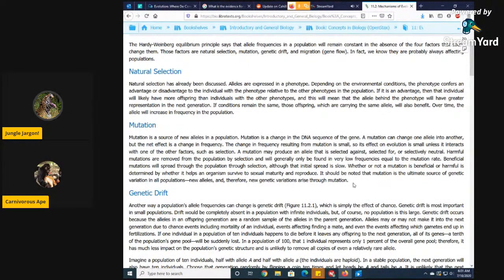Oh yeah. So for example, if you had sickle cell anemia, and people with the sickle cell tend to survive malaria, then they're not going to be affected by malaria, and so that will increase the percentage in the population, right?